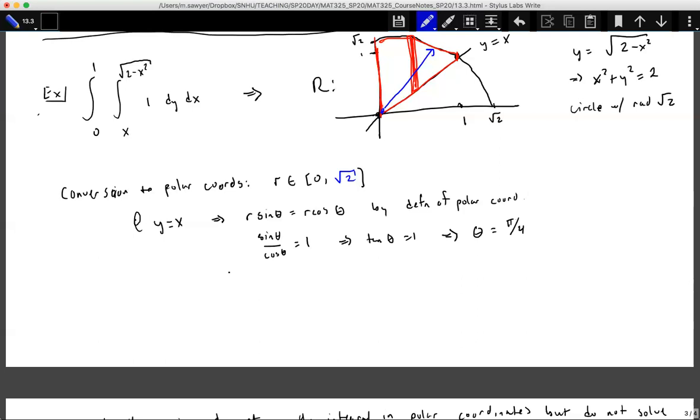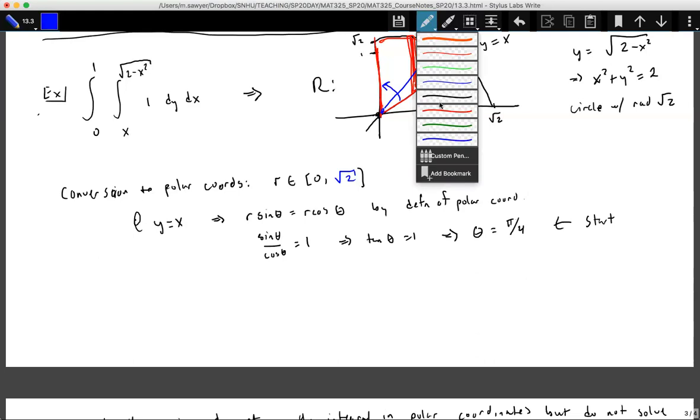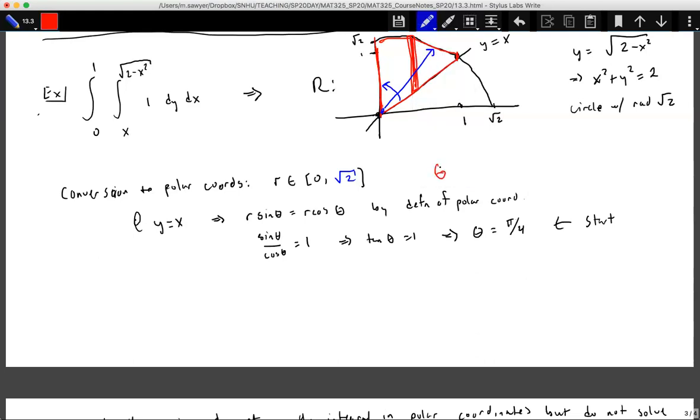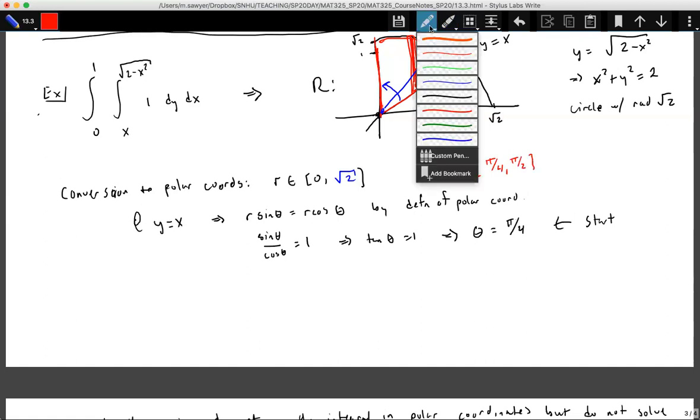And now for our ending angle, when we think about our diagram here, our starting angle is pi over 4, and it has to go up to the y-axis, which is pi over 2. So here in red, theta has to go from pi over 4 to pi over 2 for the y-axis.